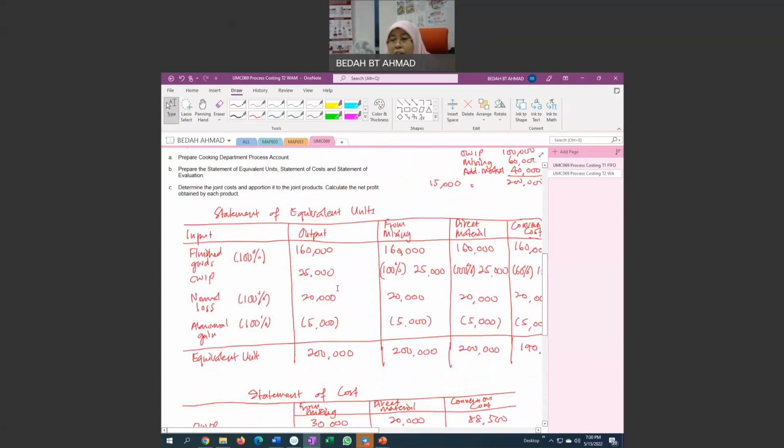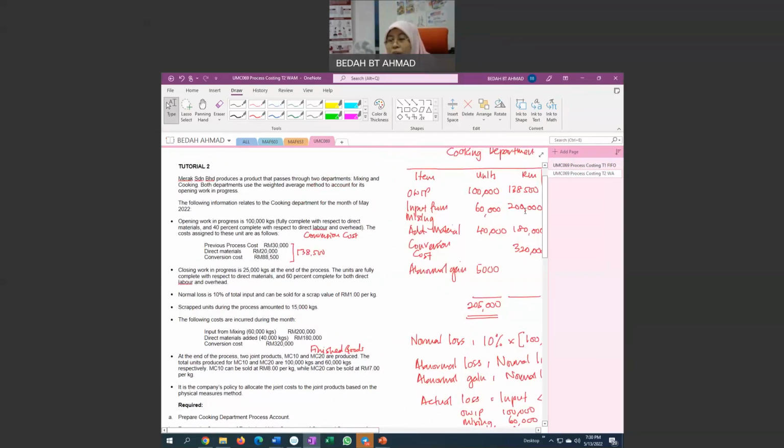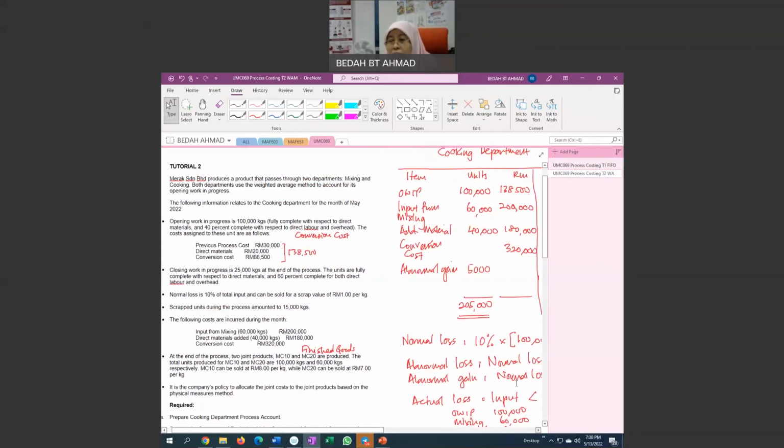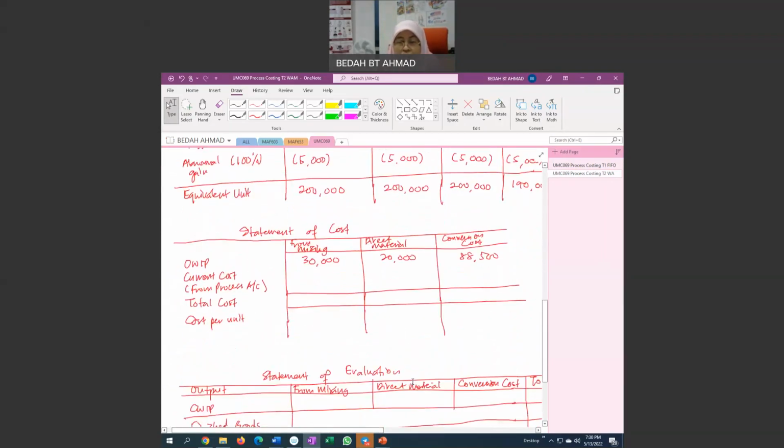So the process account, which is here: 200,000, 180,000 for additional material, and 380,000. So we put everything here. 200,000 for the current cost, then 180,000, and here 320,000.